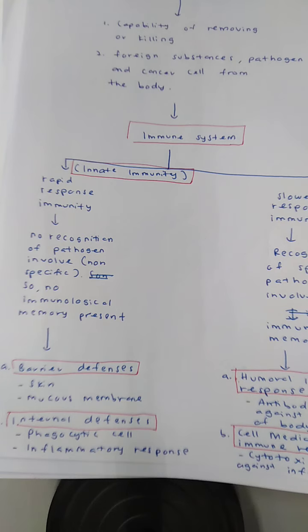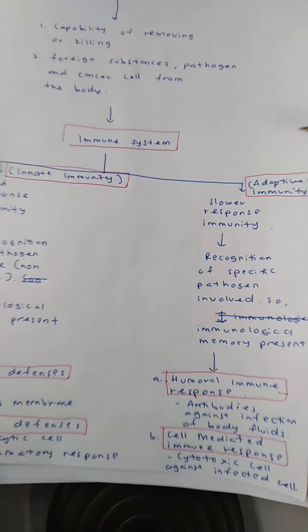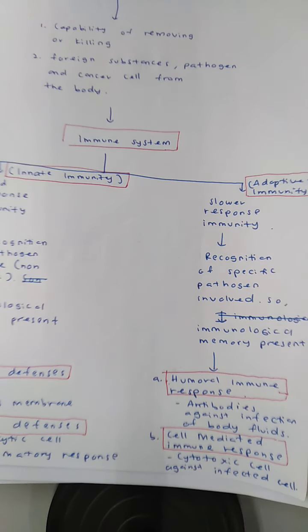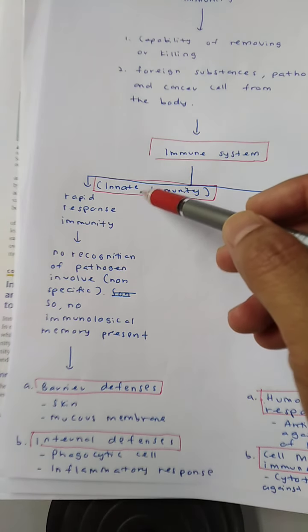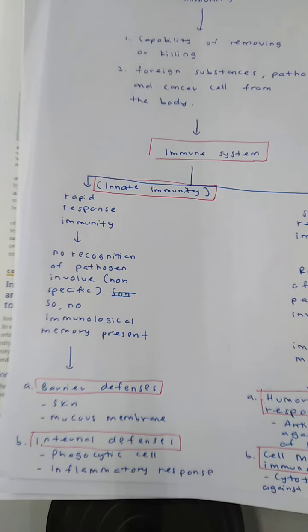The second type of the immune system is immune system that responds slower to the foreign substance. Walaupun immune response ini lambat, tapi kesan dia berpanjangan. So, mana-mana immune response that responds rapidly towards the pathogen, we call as innate immunity.